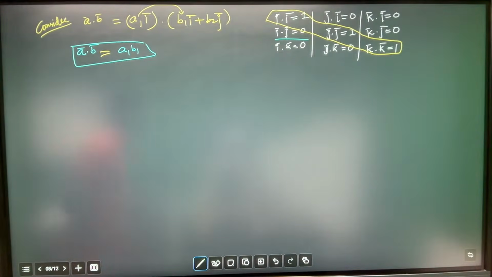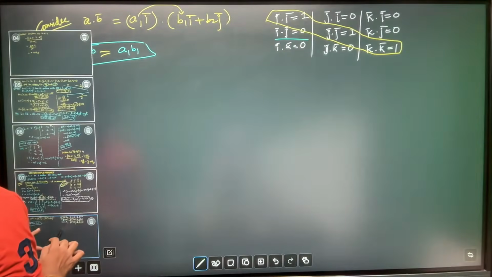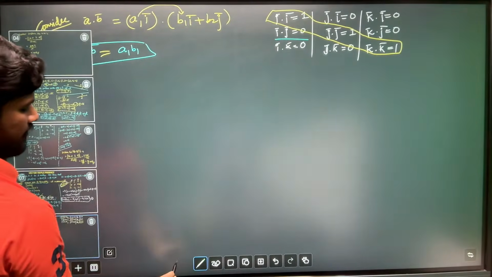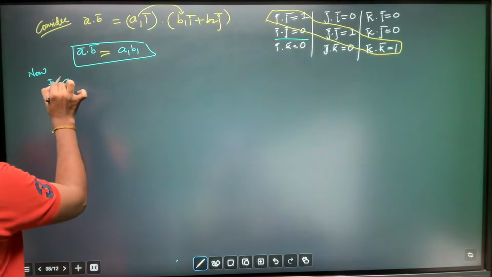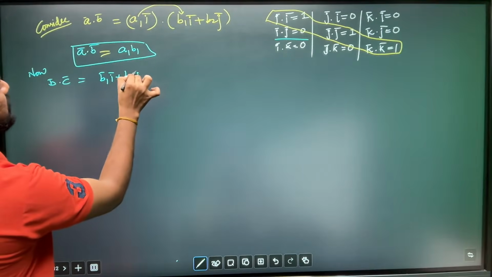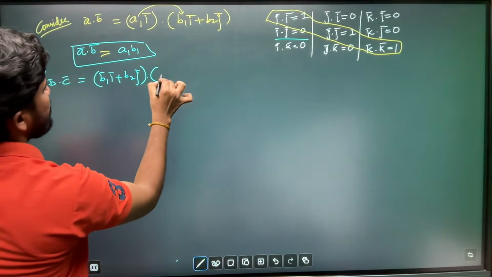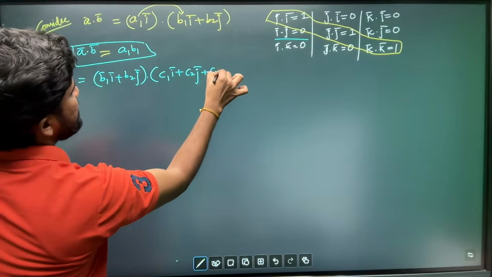Clear everyone? Okay, so now see, what is the next condition here in RHS? B bar dot C bar. What is B bar value? B1 I bar plus B2 J bar, dot C bar, C1 I bar plus C2 J bar plus C3 K bar.